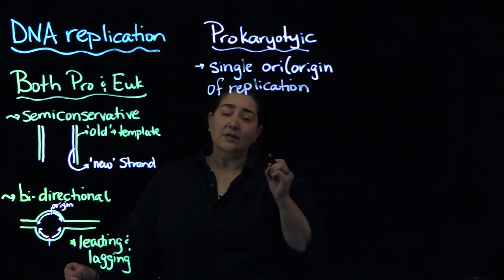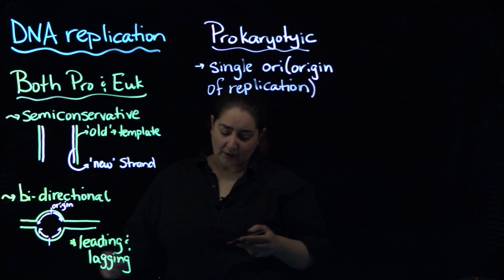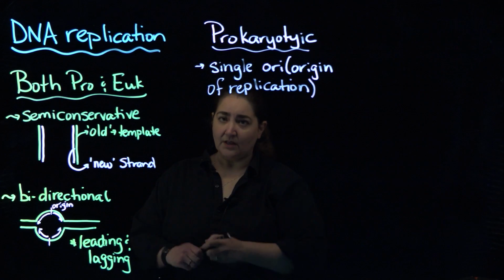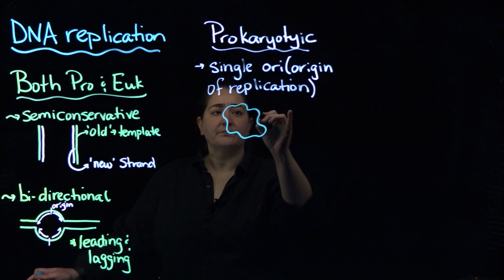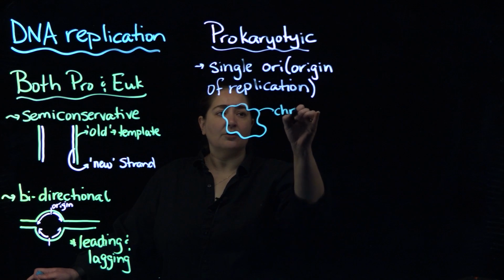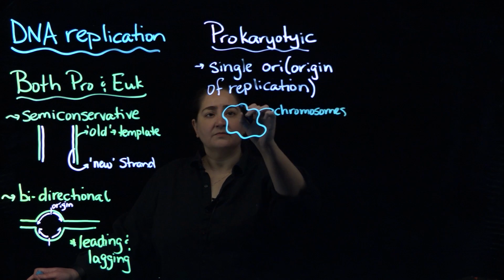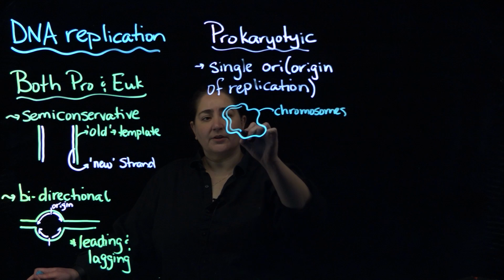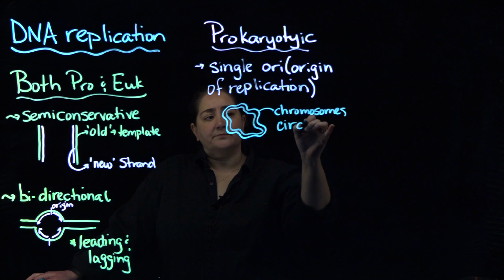And the reason there's only a single origin of replication associated with prokaryotic cells is that most prokaryotic chromosomes, and it's double-stranded, so I'll draw another one in here, are going to be circular.